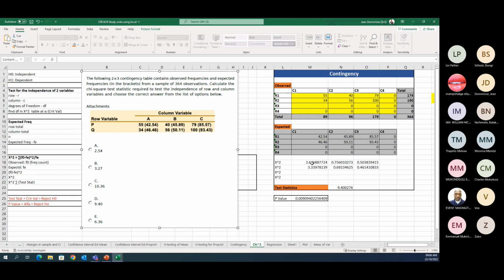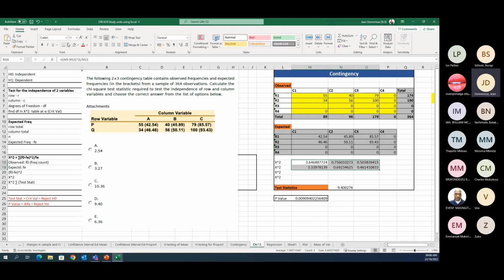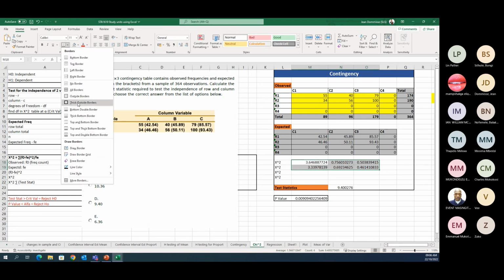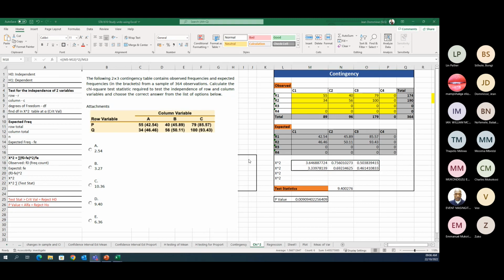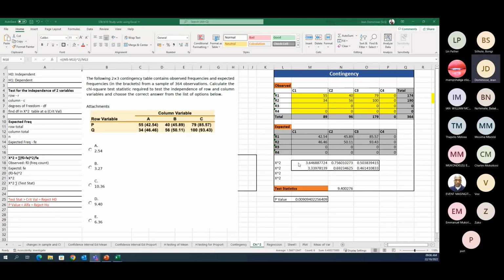So then what is in this section? What is in this section is the calculation that I've written down. So it is that minus that to the power of 2 divided by the expected.